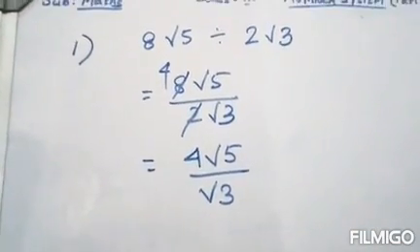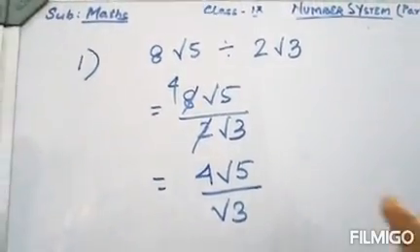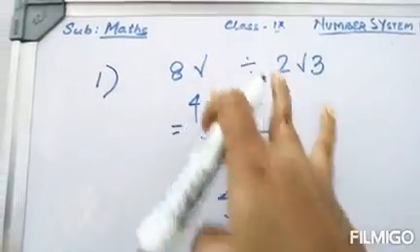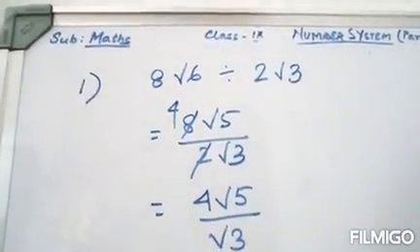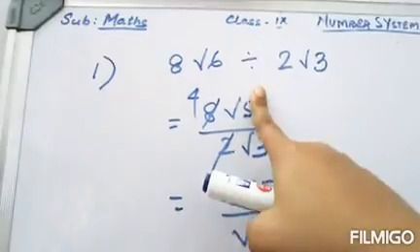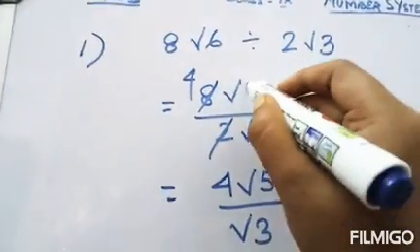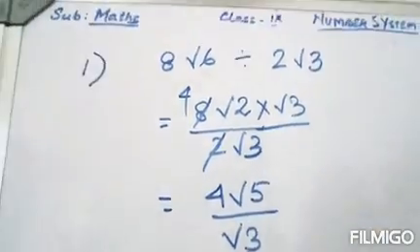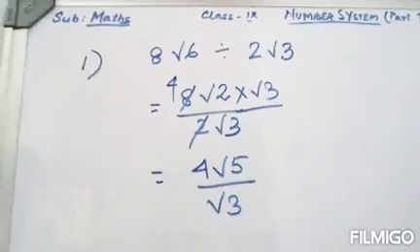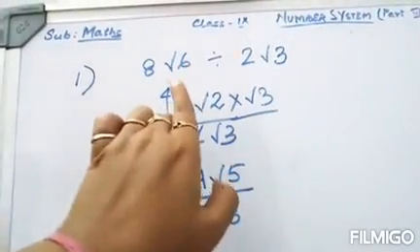Okay, now suppose instead of this it was root 6. Then instead of 6 I may have written root 2 into root 3, because 2 into 3 will make 6.